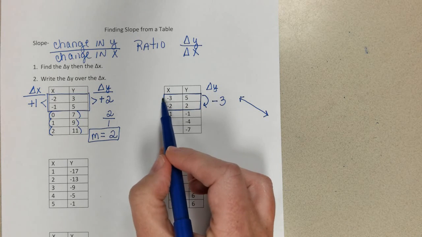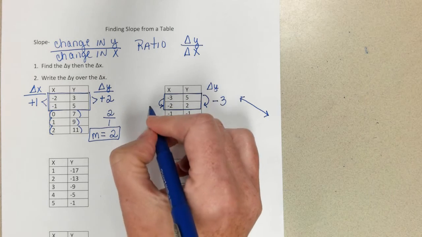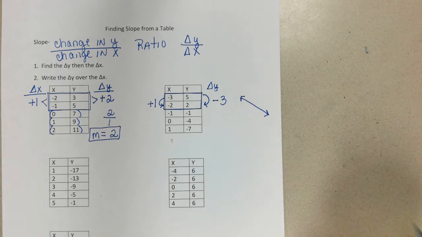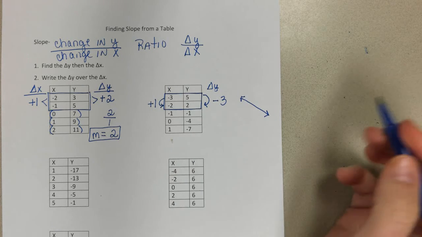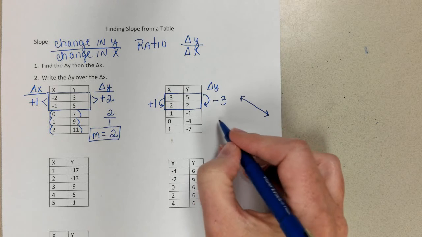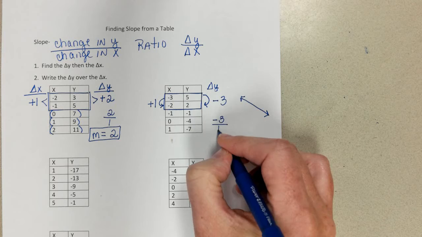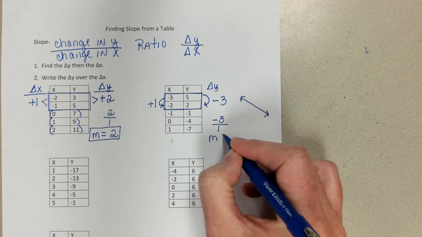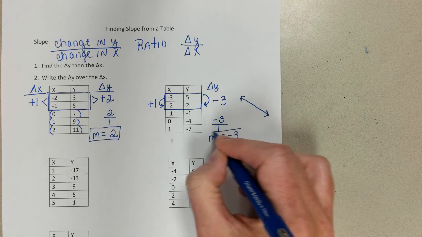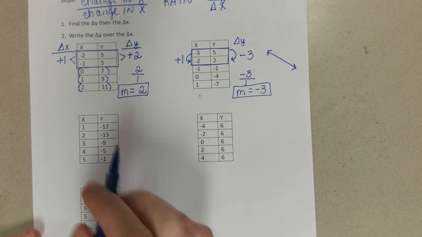What are we doing to get from -3 to -2? We are adding 1. Now to write our slope, we put the change in y, -3 over 1. And so that slope would simplify to -3. Very easy, right?